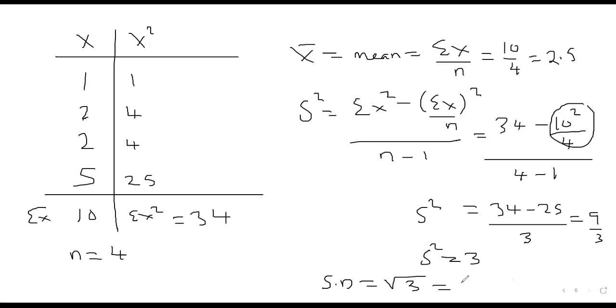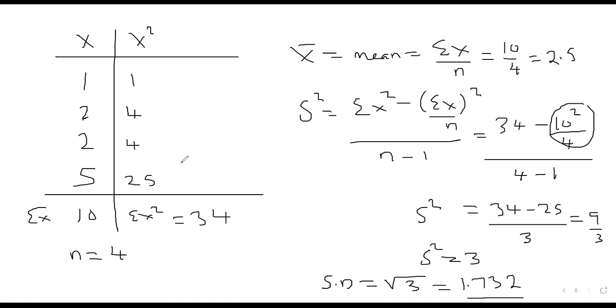Pardon? 9. The square root. What's the square root? 1.73. 1.73 what? Preferably 3 decimal places. 1.732. So this is called our standard deviation.